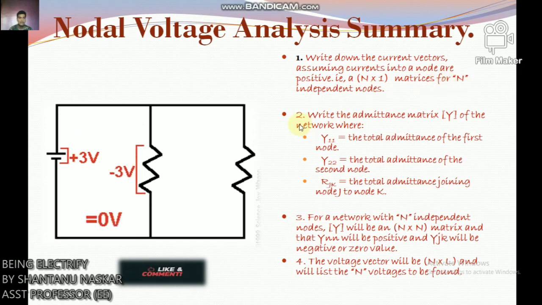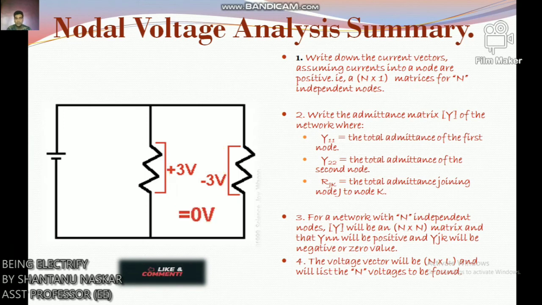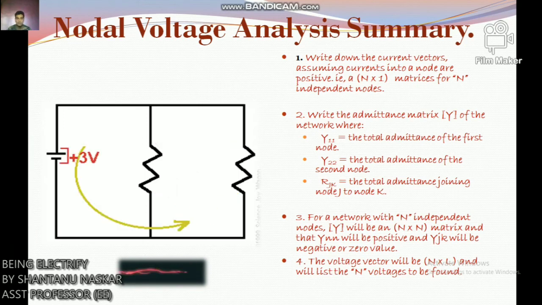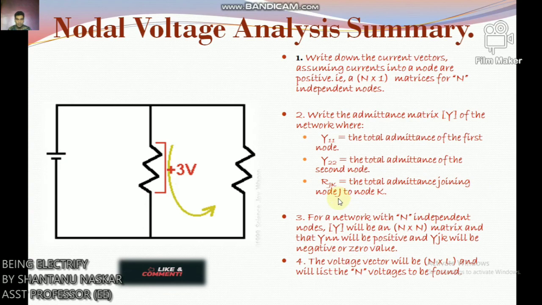Number 2, write the admittance matrix Y of the network, where Y11 is the total admittance of the first node, Y22 the total admittance of the second node, and Yjk the total admittance joining node j to node k.